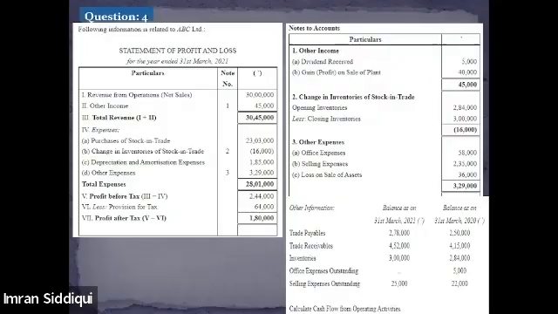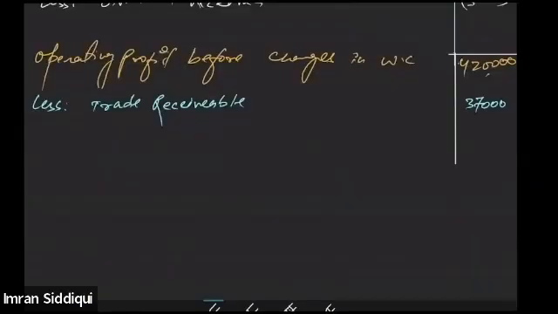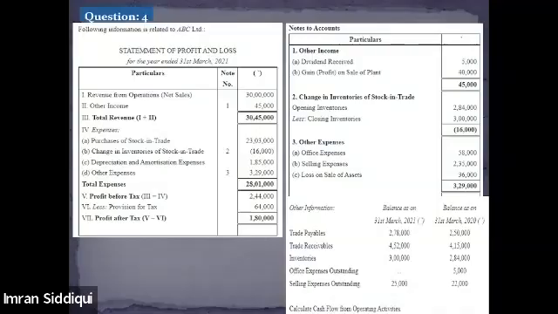Trade receivables from 4,15,000 to 4,52,000, so there is 37,000 difference. And is there any other thing regarding the trade payable? It goes from 2,50,000 to 2,78,000.